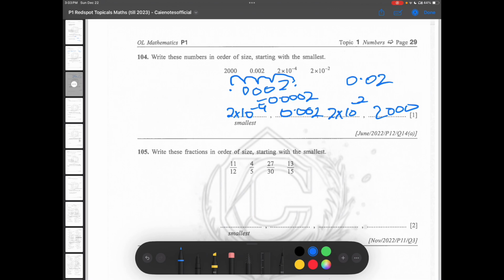So 11 upon 12 will become this, this gets multiplied with 5. This becomes 55 upon 60. Then this gets multiplied with 12. So this becomes 8 upon 60.